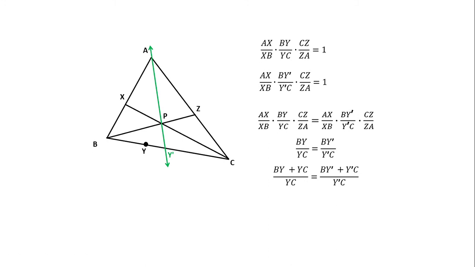First, we want to add 1 to each side. To the left side, we're adding 1 in the form of YC over YC, common denominator YC. We end up with BY plus YC. On the right-hand side, we're adding 1 in the form of Y prime C over Y prime C. With a common denominator here, we get BY prime plus Y prime C in the numerator.